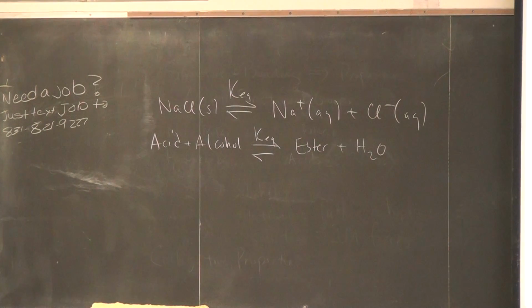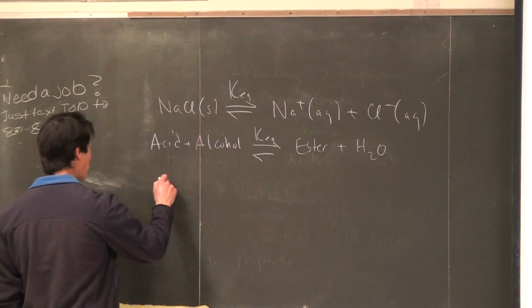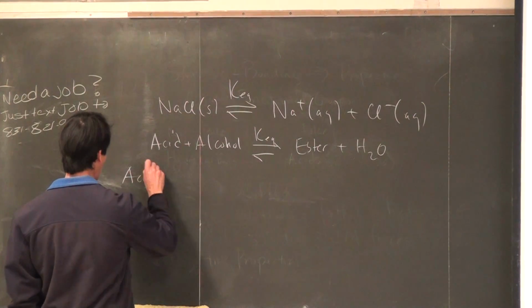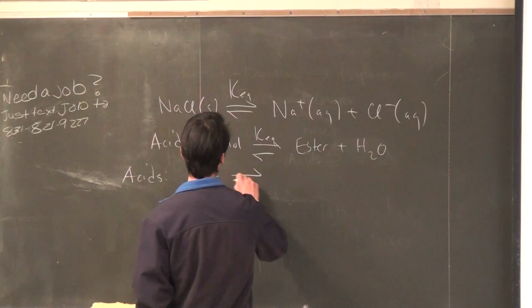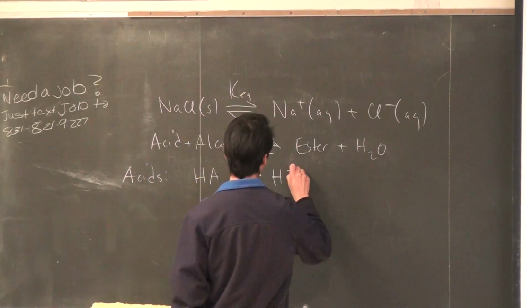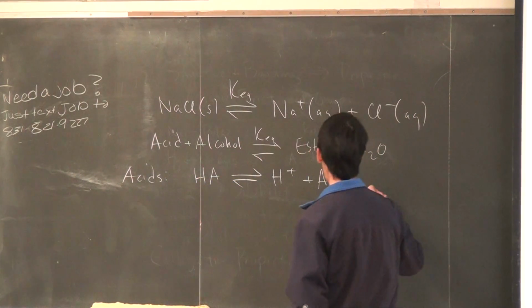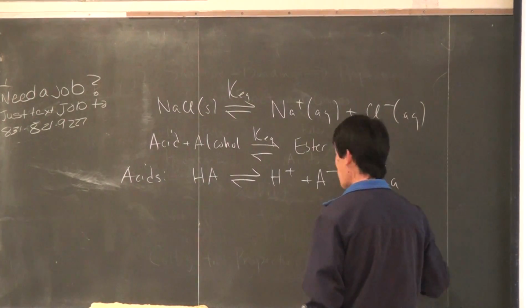And then we applied these equilibrium principles to acids and bases. So we looked at acid-base equilibria. For acids, we have some generic acid HA that's dissociating to H+ and A-. The equilibrium constant for that was called Ka.